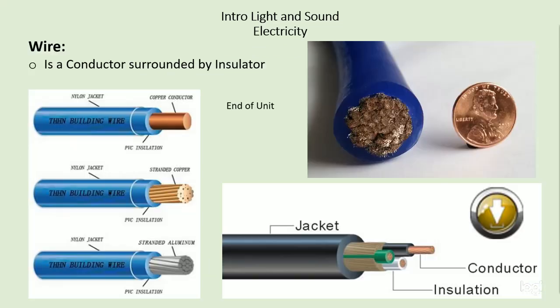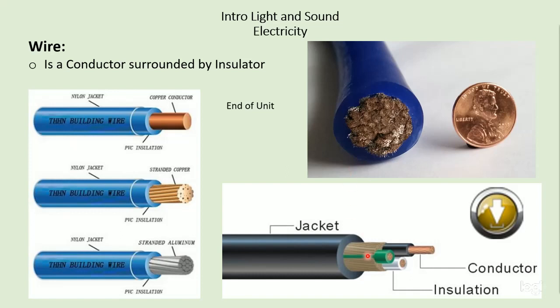Let's take a little look at wire. Wire is essentially a conductor that is then surrounded by an insulator to protect us. Building wire has copper wire in the middle and an outside jacket. This is feeder cable and it's really big, but you can look at all of the copper in the middle, surrounded by a rubber jacket.